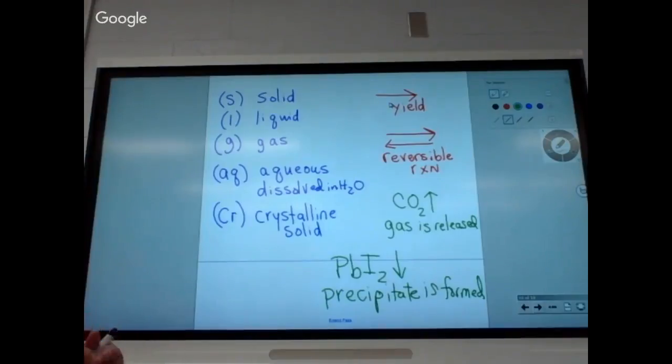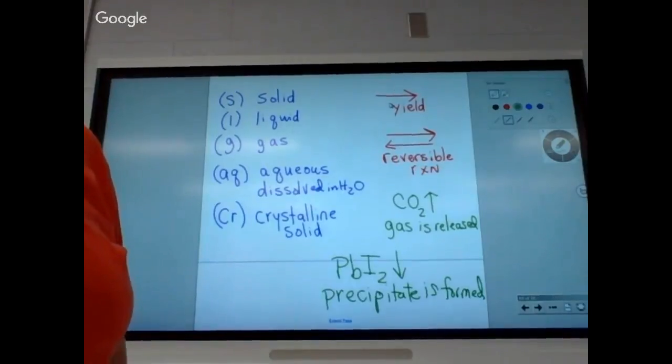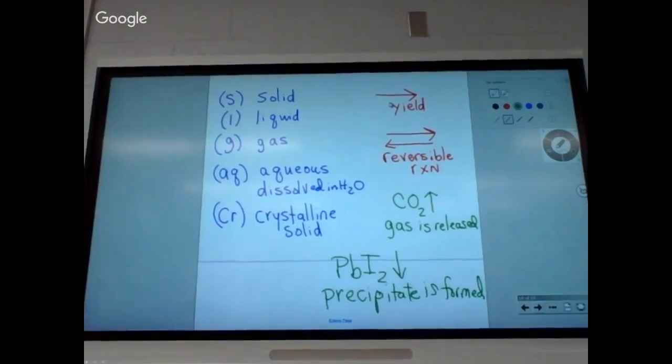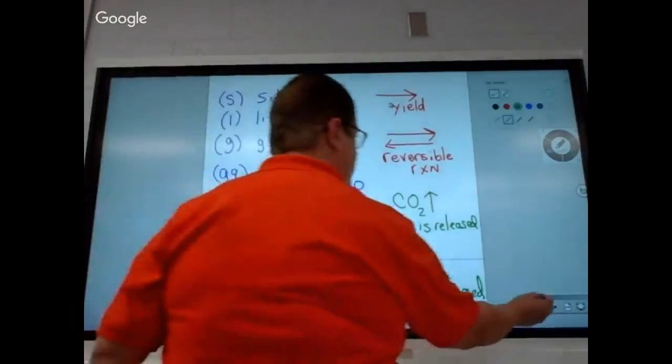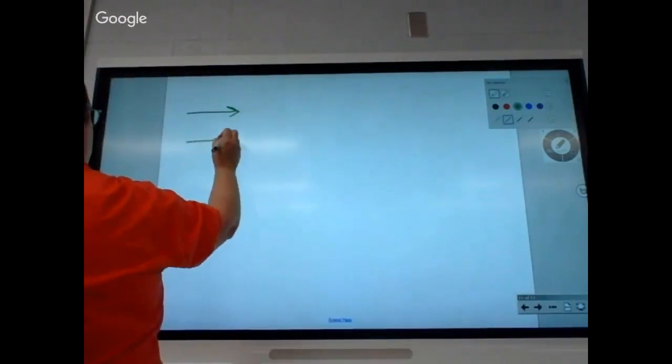I think all I have left are the symbols on top of the arrows. Everybody got it? How am I on time? 9:53.